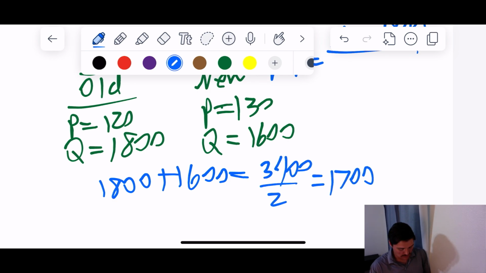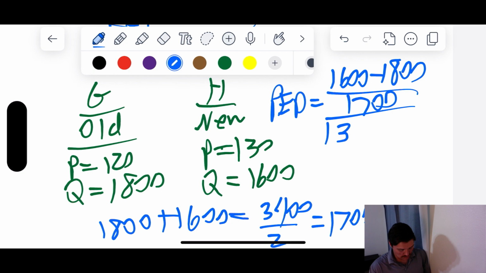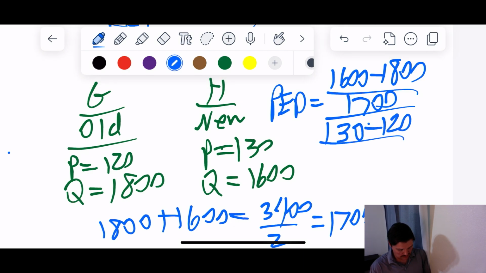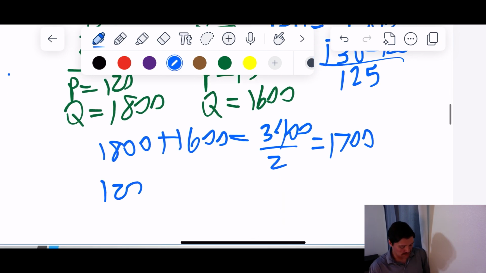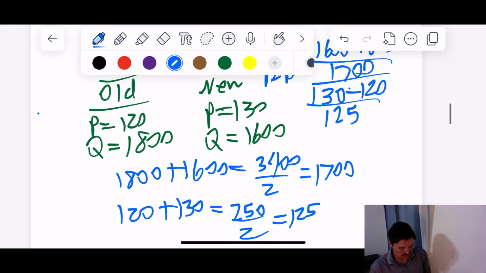Divide that by 2, and you'll get 1700. Then we'll do 130 minus 120 over 125. Again, all I did there was add those two numbers, got 250 divided by 2, and that's 125.